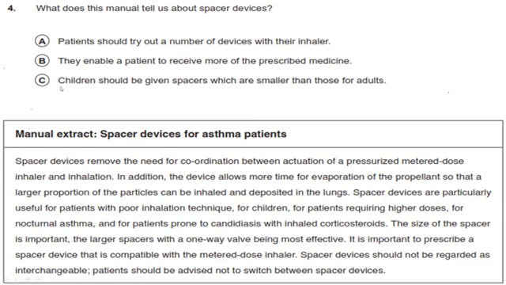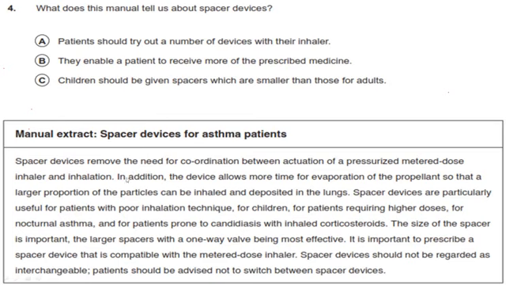In this answer, children should be given spacers which are smaller than those for adults. This has an equal meaning to what is mentioned here, but it is too specific, and this is not what I'm searching for, and this is not what the text is trying to tell us.